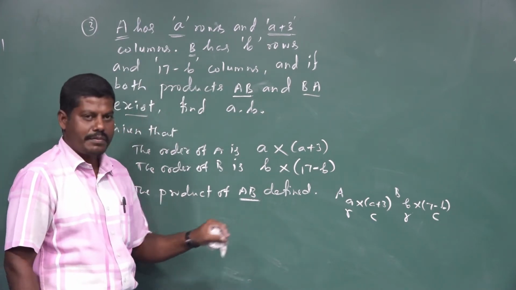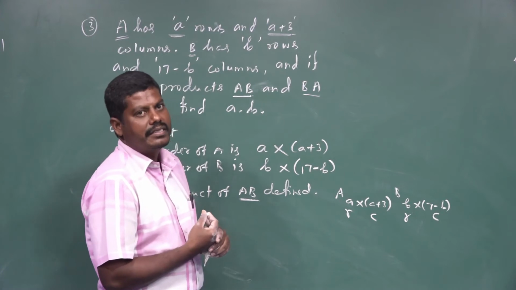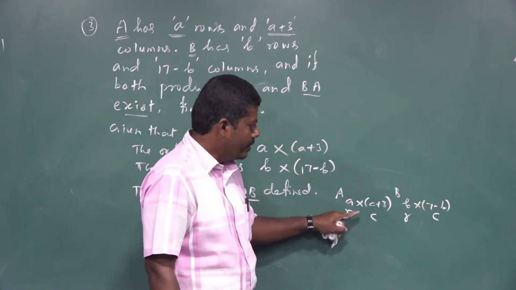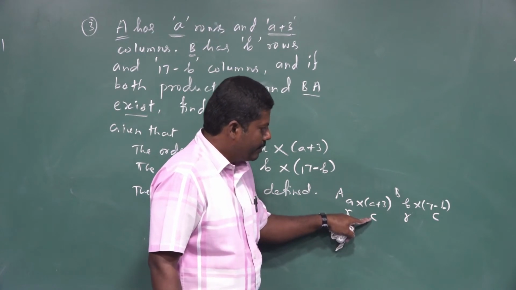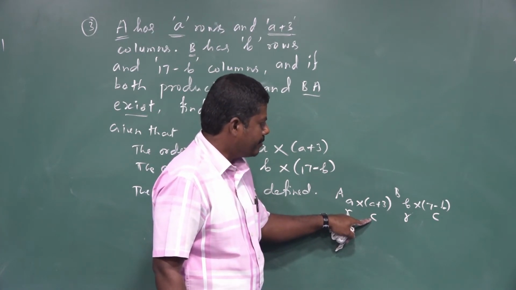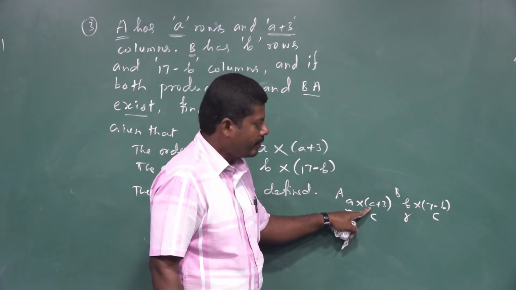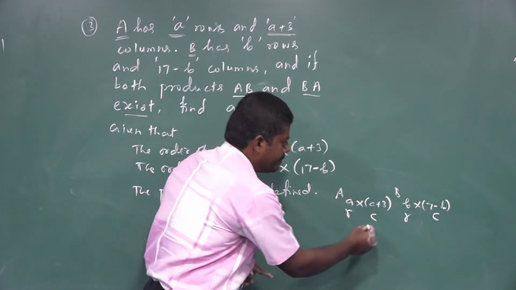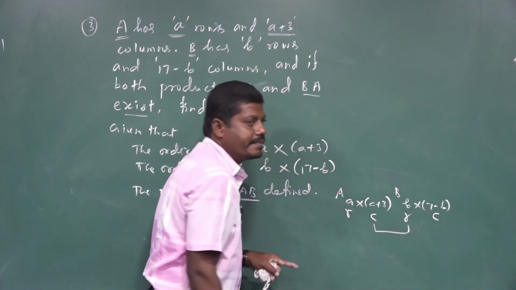What condition do you want to satisfy? The number of columns in the first matrix is equal to the number of rows in the second matrix. Then only matrix multiplication is possible.